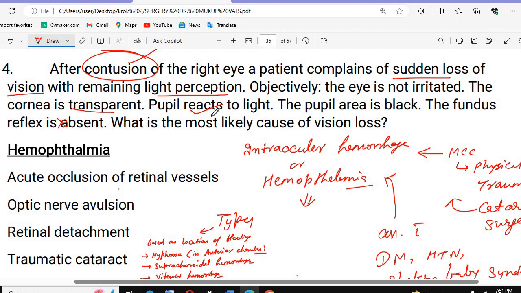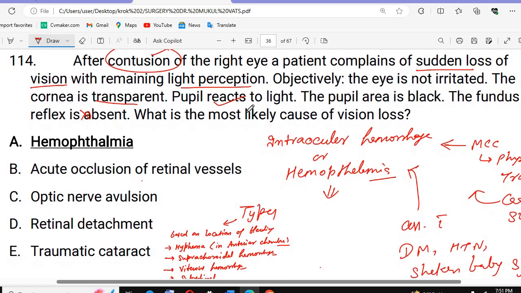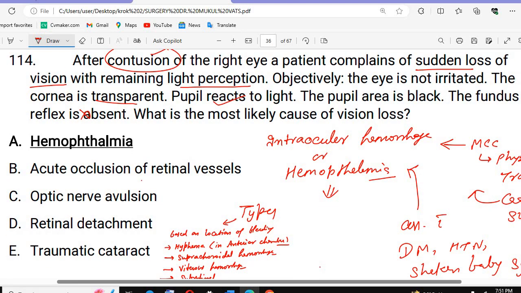The pupil will still react to light and everything looks normal, but there is a problem with the retina. The retina is involved with vision, which is why we see sudden loss of vision in these conditions. We call this hemophthalmia.